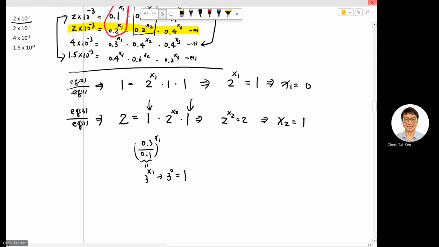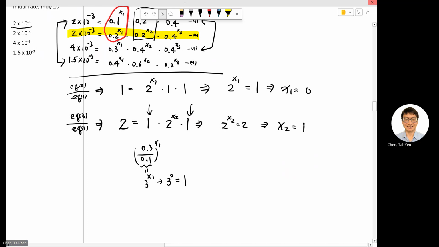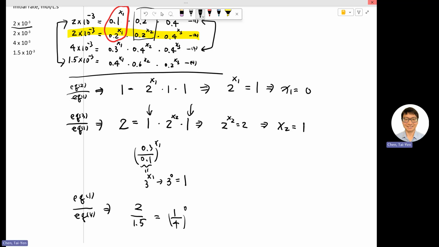Okay. So if I do equation 1 over equation 4, what do I get? On the left-hand side, it's 1 over 4, right? So I got 2 over 1.5. Everybody follow this? Okay. And then 1 over 4 to the 0th power.